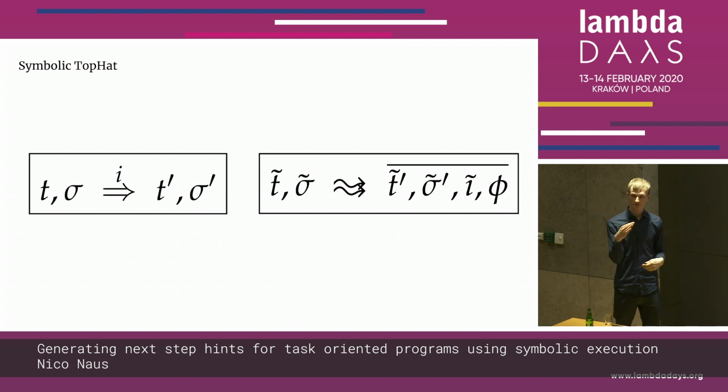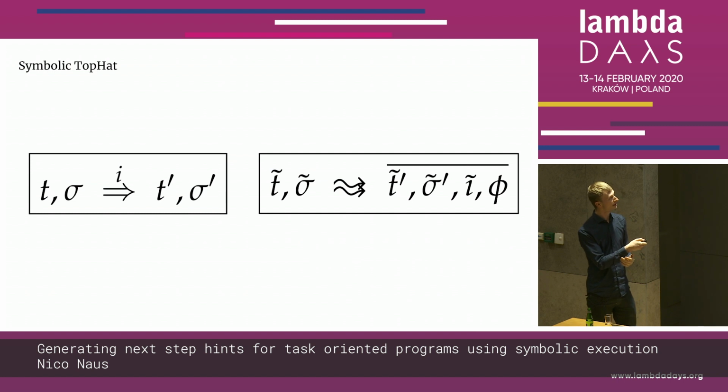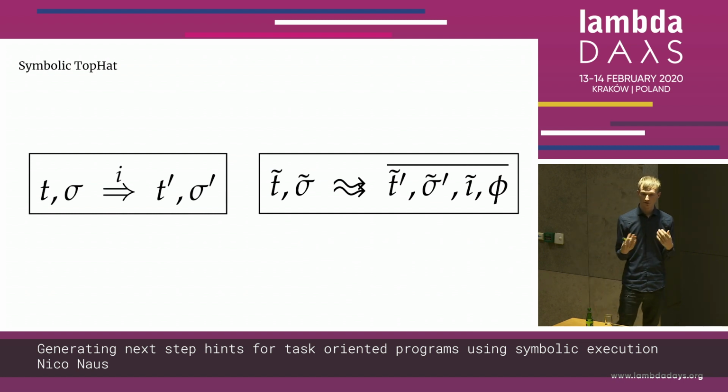You remember before we saw that depending on the user input, we can either take the then or the else branch. So that's why we need a path condition. And you'll also notice that there's a line above here, and that indicates that this is a set, because we can, of course, have multiple results, as you saw in the example.